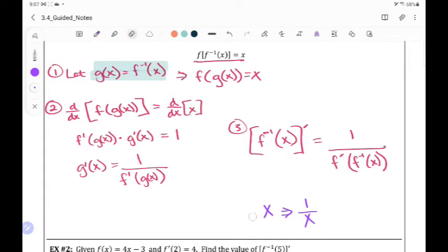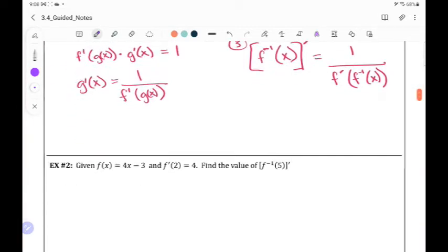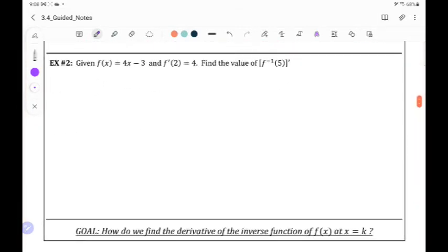Hopefully you think of the word reciprocal, and notice that these two pieces of information, f inverse of x prime equals 1 over, it's like the derivative of the inverse is the reciprocal of the derivative of the original function, right? Let's look at the next one. It'll start to come together. The words sometimes make it seem more confusing.